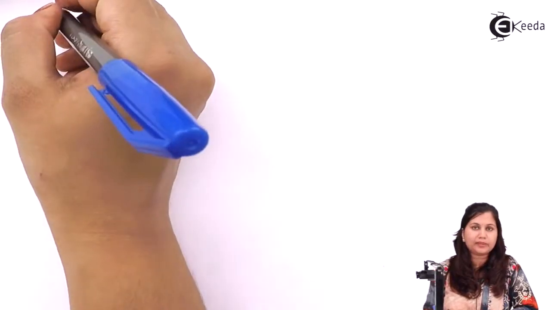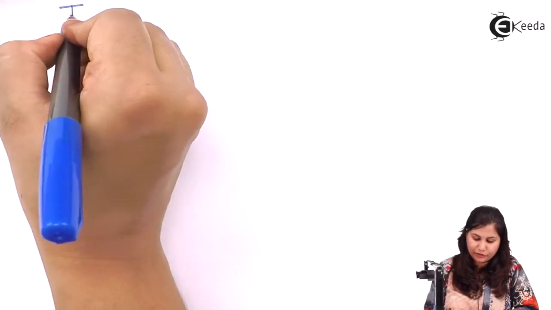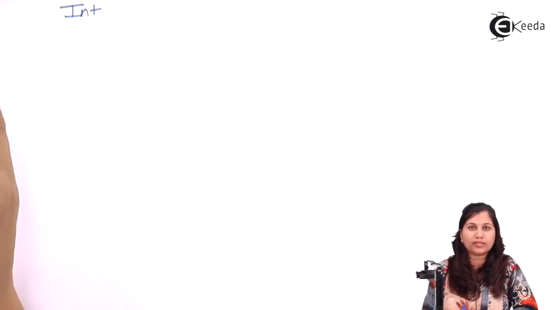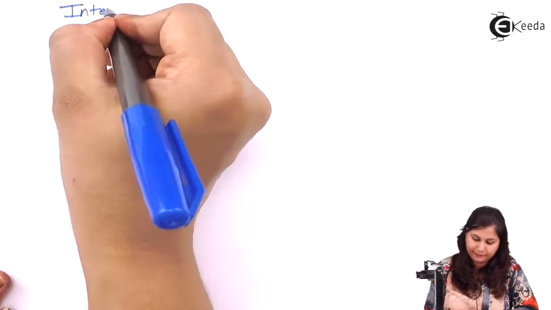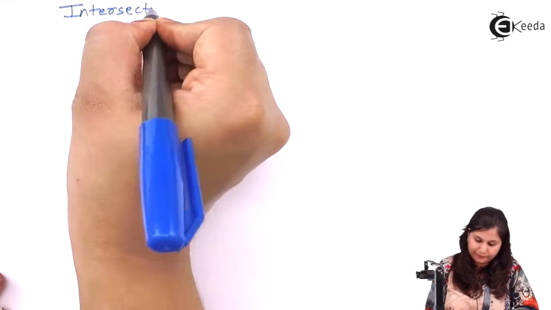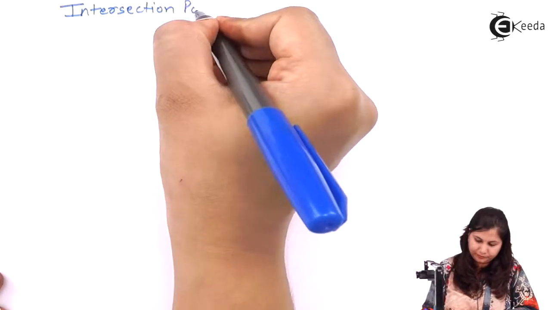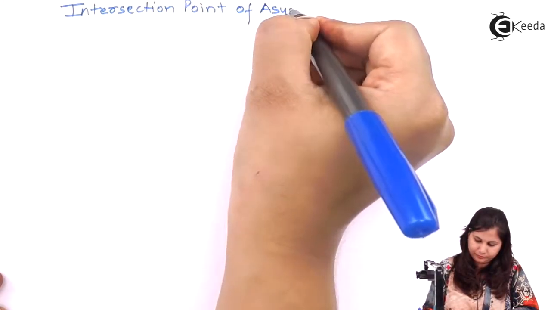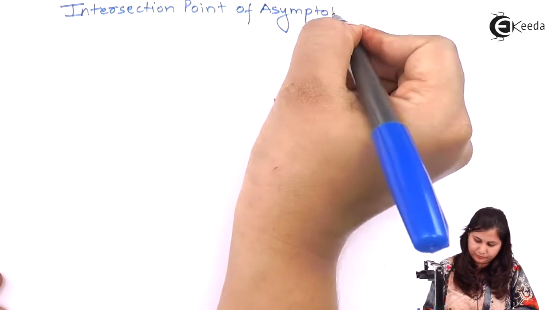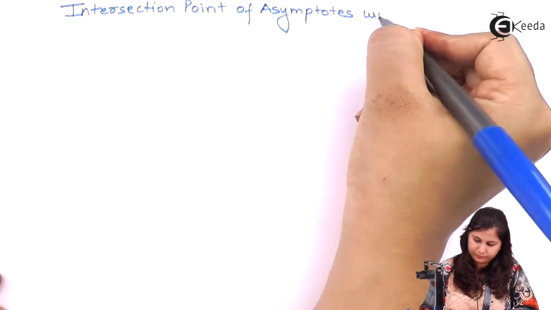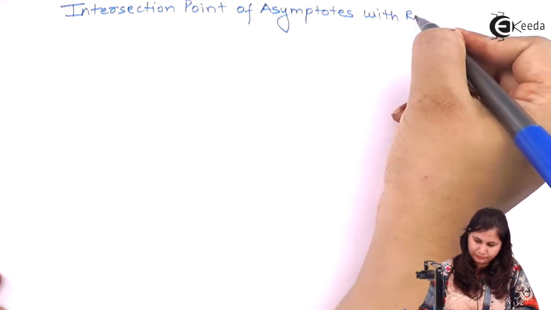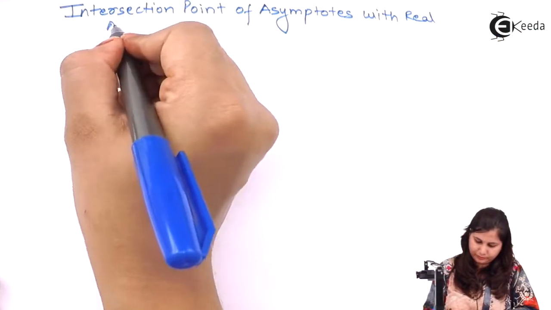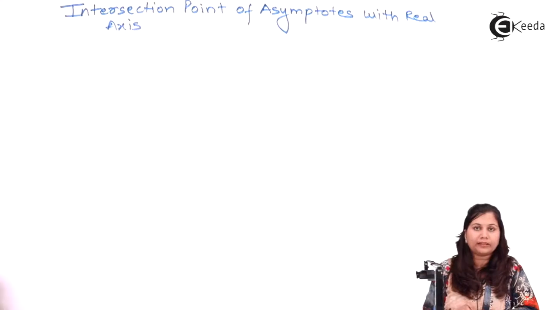Now the second part of this step is to find out the intersection point of the asymptotes with the real axis. How we can find out this?